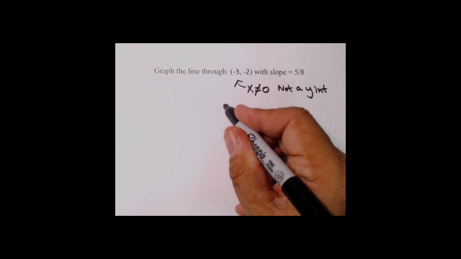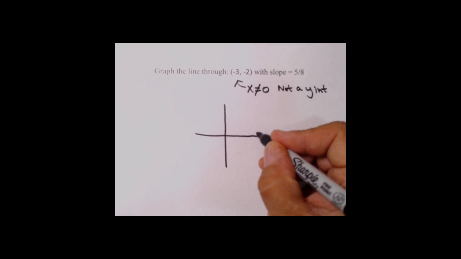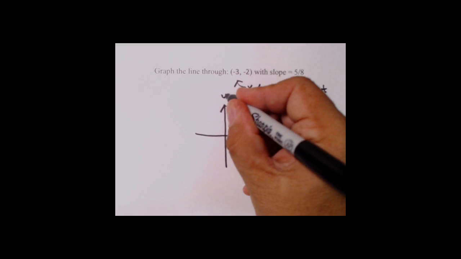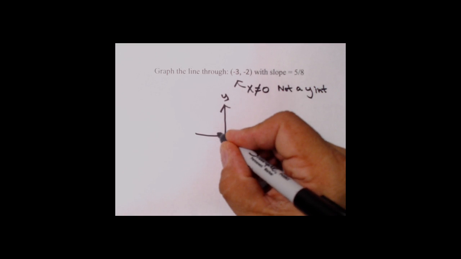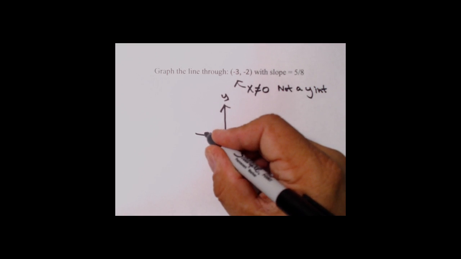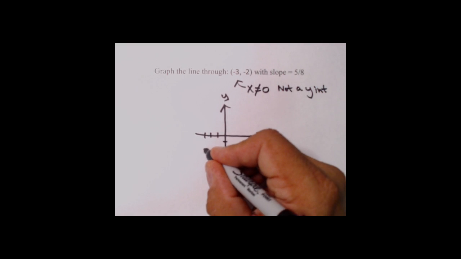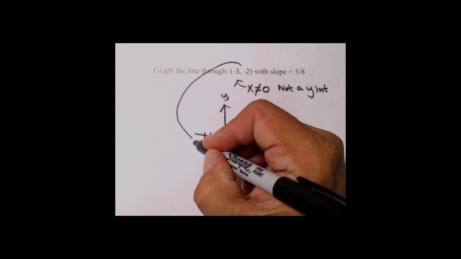So here's what we're going to do. Make our x and y axes here. Here they go. X to the right, y going upstairs. Put down the one and only point we know. X equals negative 3, 1, 2, 3. Y equals negative 2. Here it is right here. So this is my starting point right there.